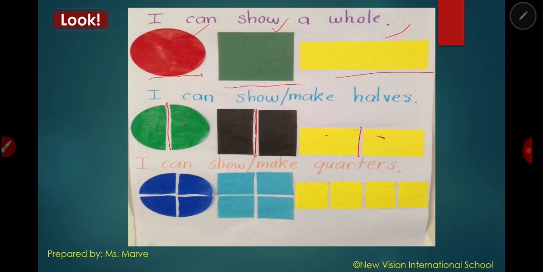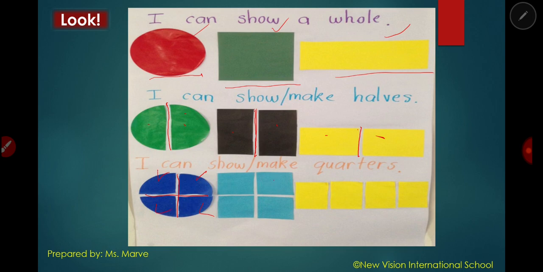Now, how can you cut this circle into four? Can you show me how to cut it into four or a quarter? Then you can just do like this. See? This is a 1/4, a 1/4, a 1/4, a 1/4 of a whole.